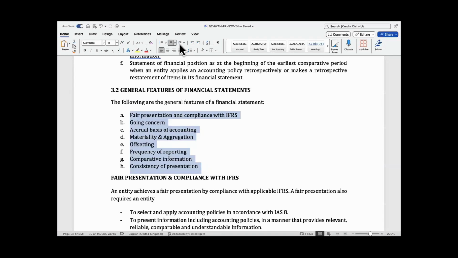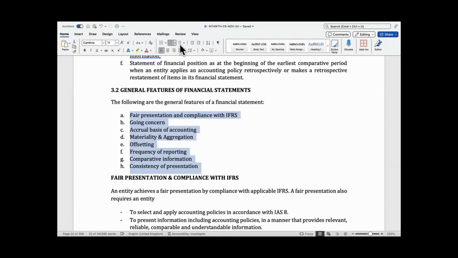So please know about fair presentation, know about going concern, know about accrual basis of accounting, materiality and aggregation. I mean, every item you see presented separately is material. Financial statements should be advanced beyond just presenting everything. Offsetting, you don't just offset. Frequency of reporting, comparative information.